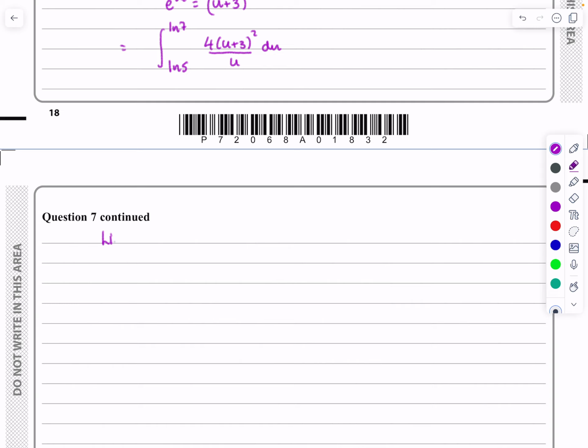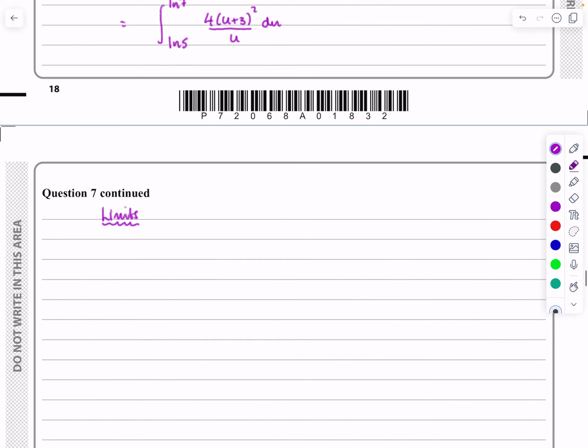So just to explain to the examiner what I'm doing, changing the limits then, I get that u is e to the x minus 3. So if I want to change log 7, e to the log 7 minus 3, well, e and log are the inverse of each other. They cancel each other out. This is 7 minus 3. This is 4, and then the same with the other one.